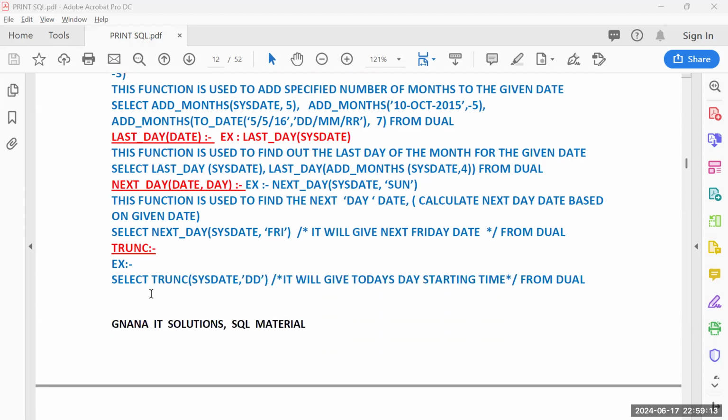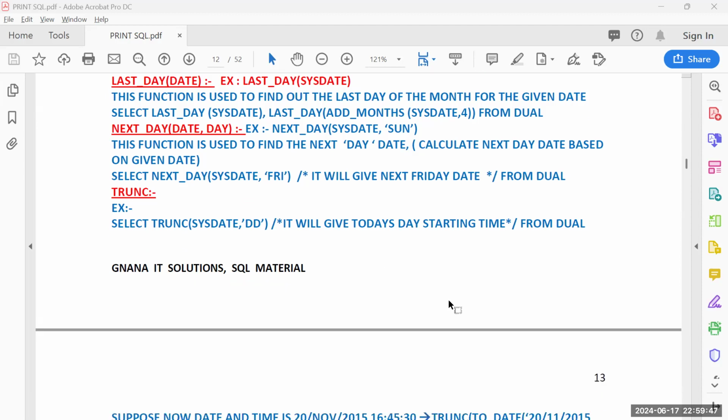Same way, the TRUNC function truncates the timing, and it always gives the 12 o'clock format, like AM 00:00:00.